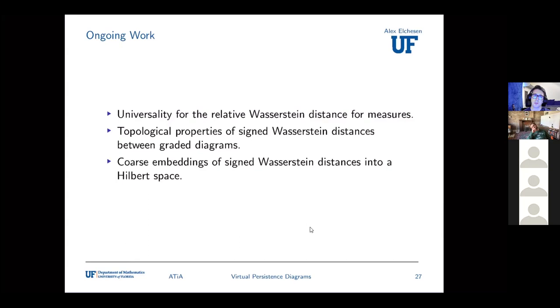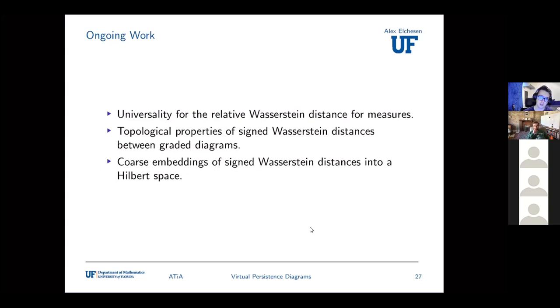An application of these signed Wasserstein distances that we're working on right now is to try to strengthen some of the topological properties that we have for the Wasserstein distance. It's known that the space of ordinary persistence diagrams with the Wasserstein distances isn't locally compact. But we think that by considering sums of these graded diagrams, we might get stronger topological properties.